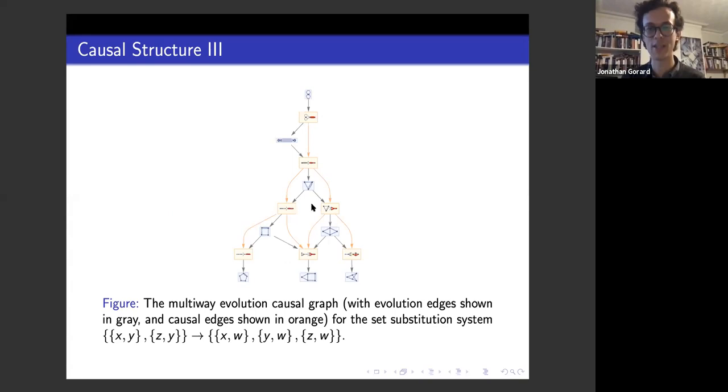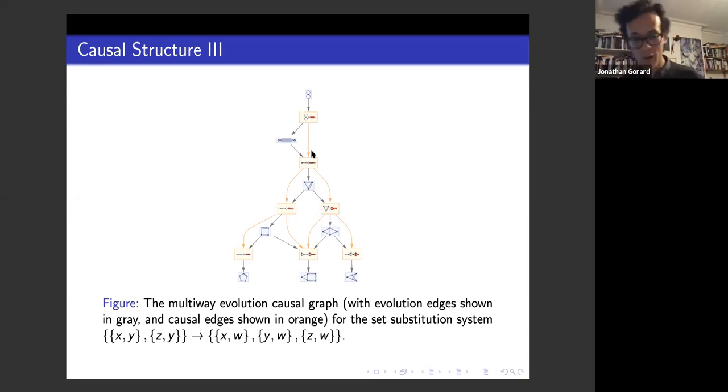Every one of the blue vertices is a particular hypergraph state, and every one of the gray edges is a rewriting event between two hypergraph states. But it also incorporates the causal structure. Every one of these yellow boxes is a rewriting event, and every one of these orange edges is a causal relationship between these rewriting events. So in effect, everything we might conceivably care about related to this rewriting system is encoded in the structure of one of these multi-way evolution causal graphs.